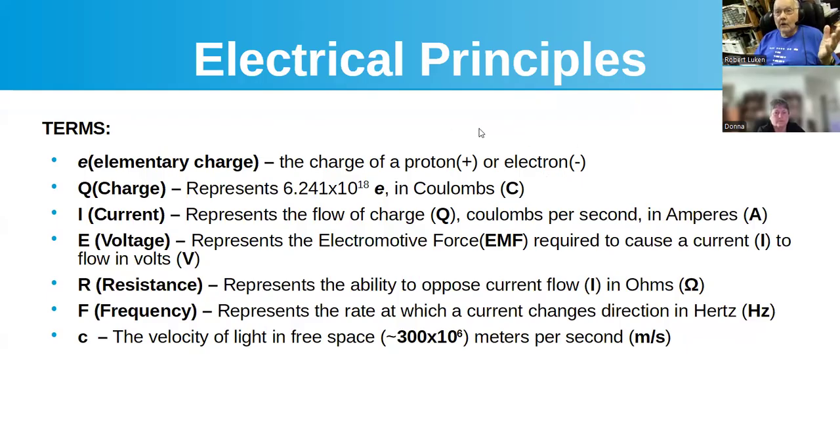But the charge is how we get the electromotive force. So you have to have a charge between two elements, which generates the electrostatic field, and that's actually the force that will cause current to flow.